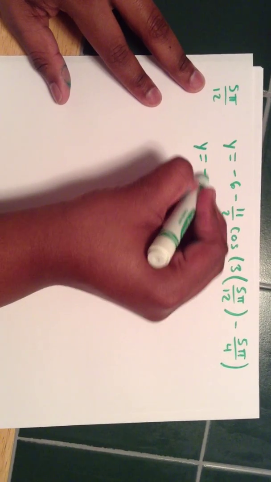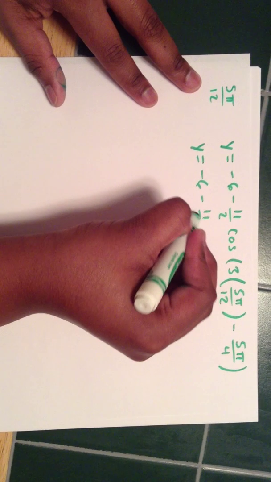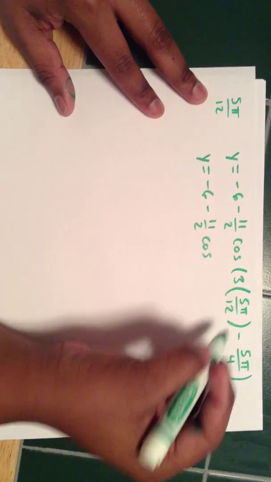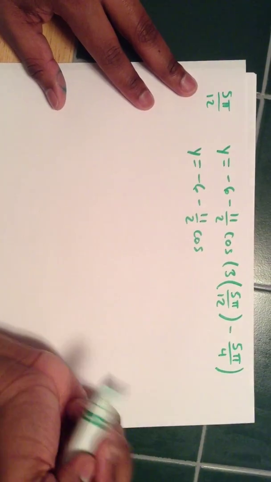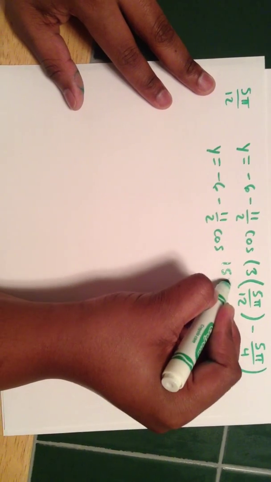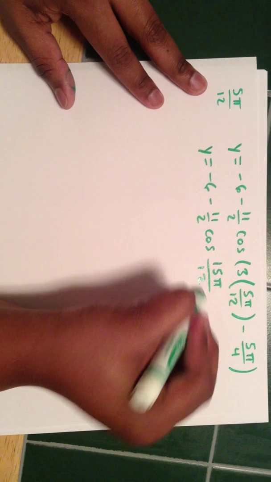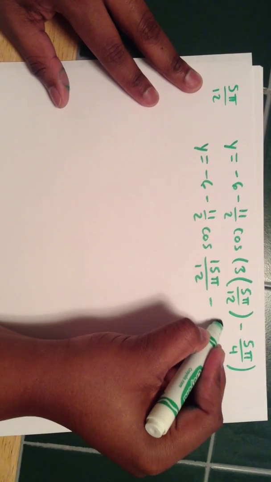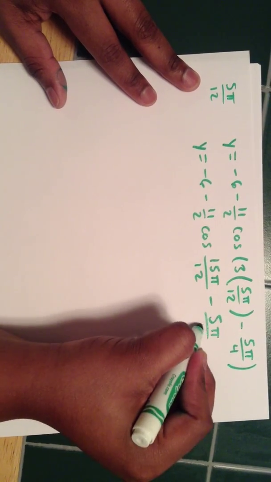Okay? Then you distribute. It will become 15 pi over 12 minus 5 pi over 4.